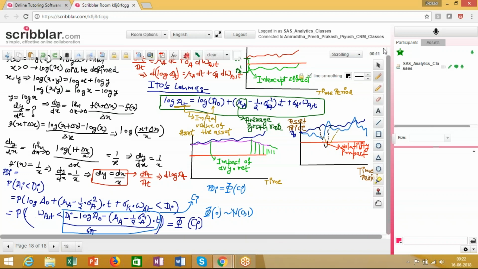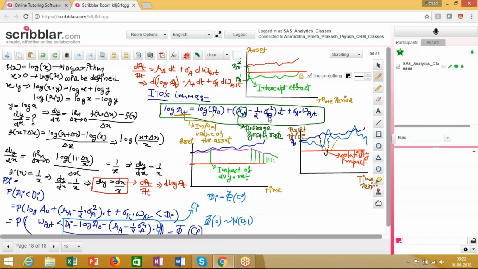Okay, so just to get started, we had been talking about the asset path equation, and we had defined the probability of default as the probability of the asset of a borrower falling below the debt obligation, or the DI.